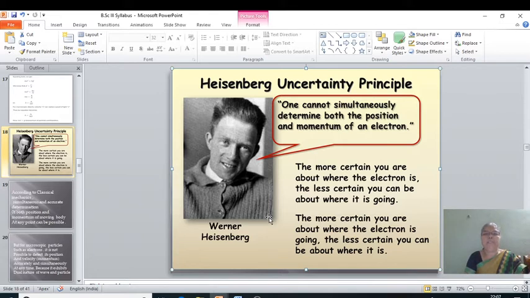His hypothesis, in his words, was stated as: one cannot simultaneously determine both position and momentum of an electron, because due to the dual nature of the electron, it behaves as a wave as well as a particle. To overcome this difficulty, Heisenberg gave his equation.